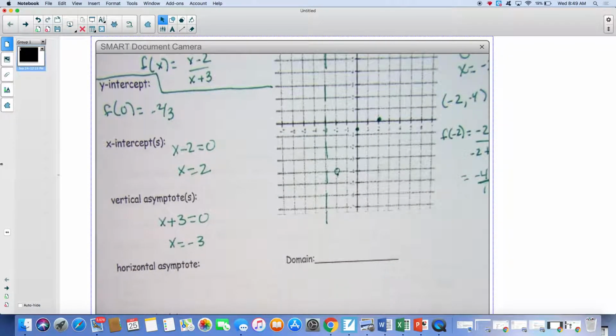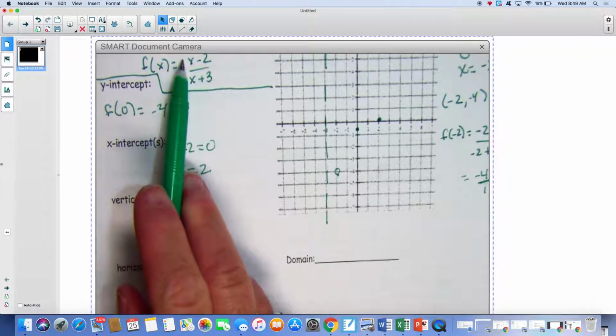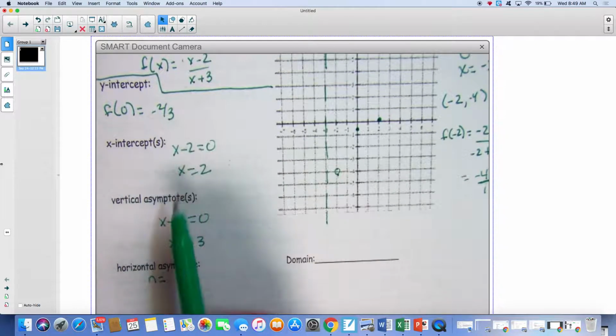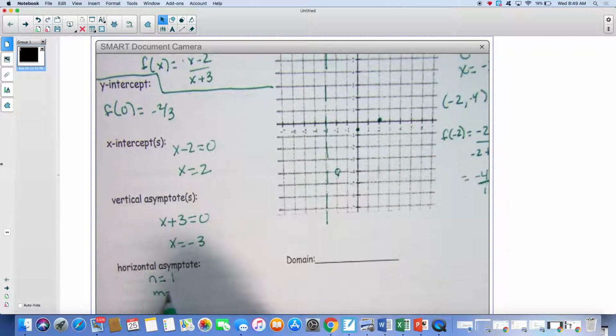Horizontal asymptote. Its rule, let's see, what's the degree in the numerator? 1. Go to our simplified one. N is 1, M is 1.